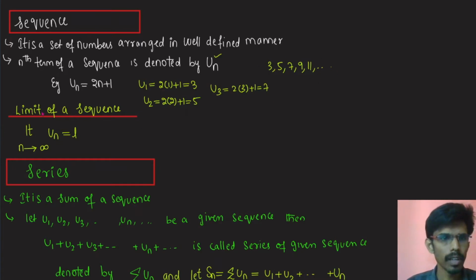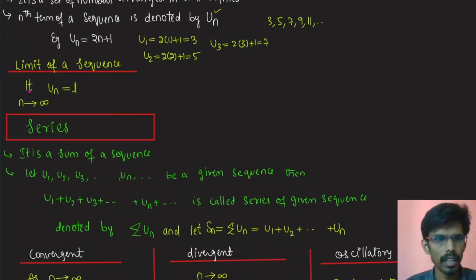Now let us go for the limit of a sequence. If I apply limit n tends to infinity of un equal to L, that will be the limit of the sequence. We take the nth term and apply n tends to infinity.